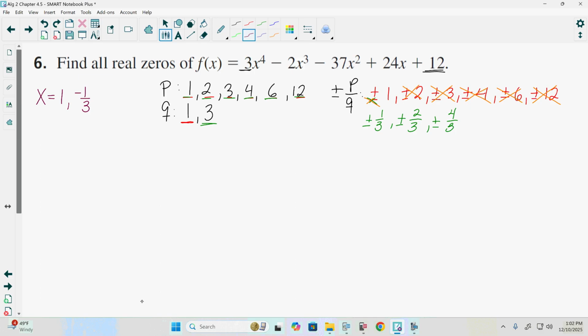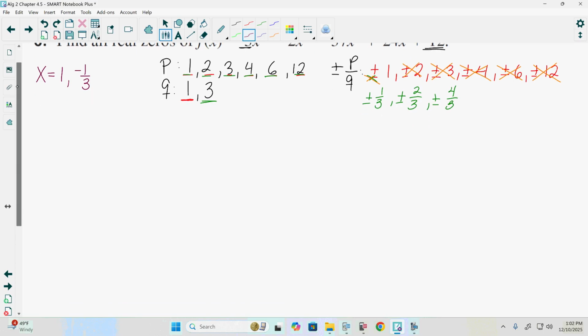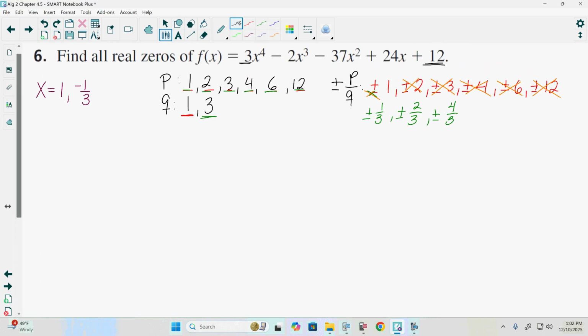Well, no, so we can immediately throw them out because they are not in that range. They're not going to be out there. It's a way to get rid of possible solutions, because if we can find ways to check these values without having to calculate them, it makes it easier on us.